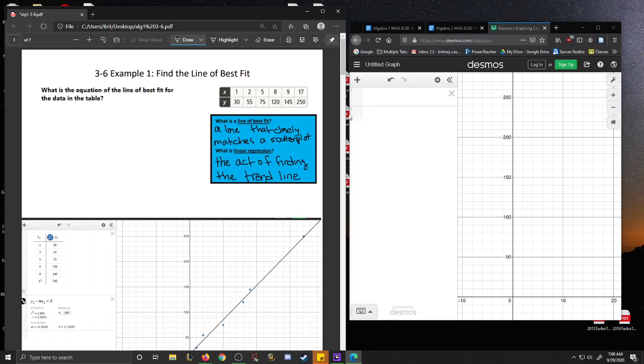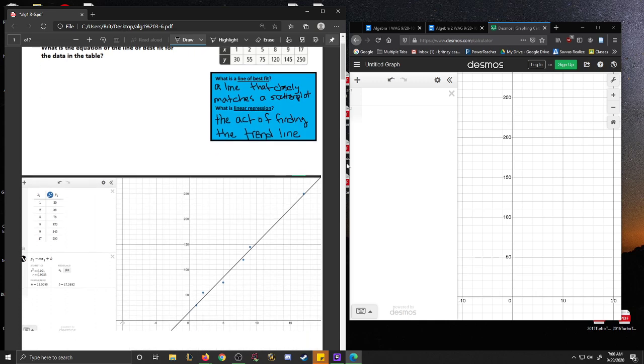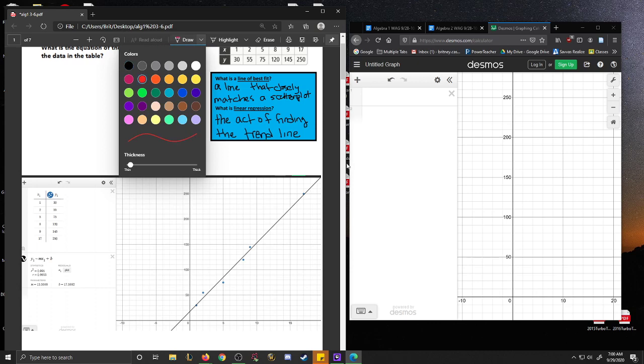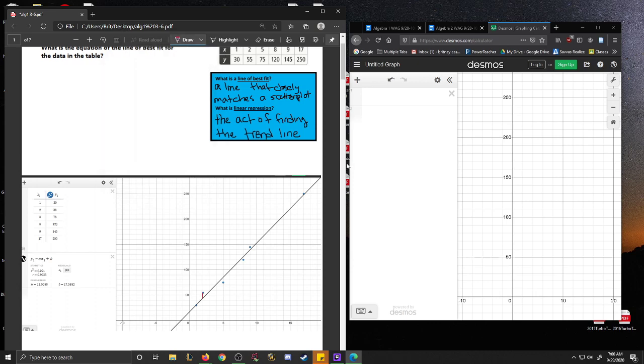The reason I'm showing it to you on Desmos is because the true line of best fit is the line, like I said, that most closely matches this data. So what we do with this data is take each of these points and figure out how far away from the line it is. These red things are called residuals.